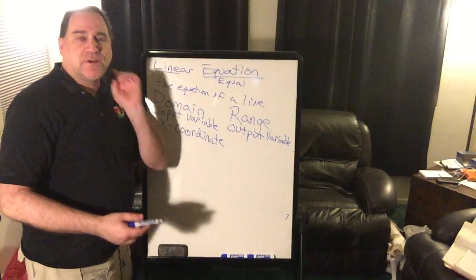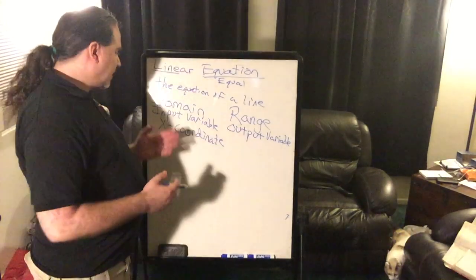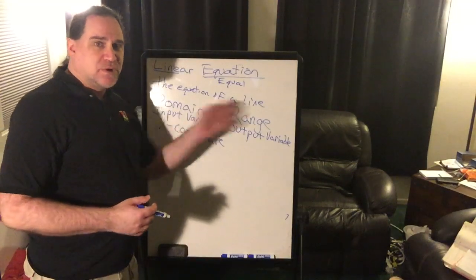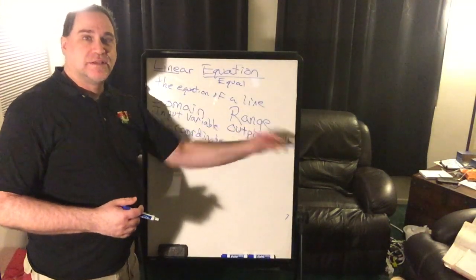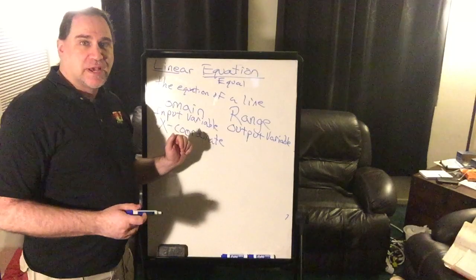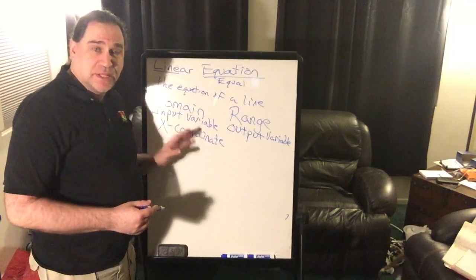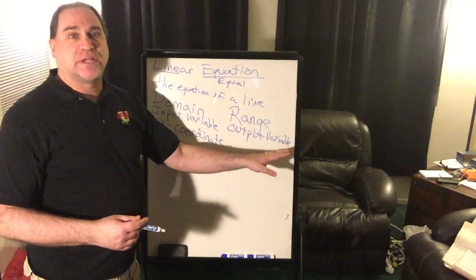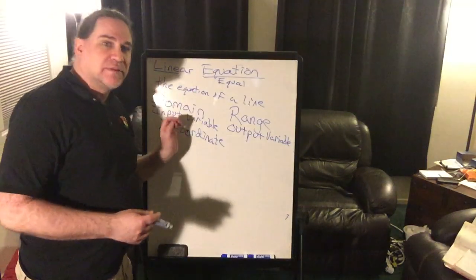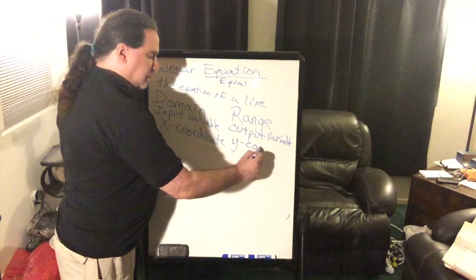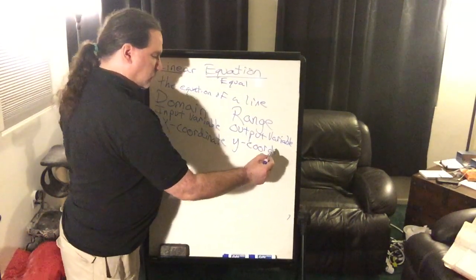Kind of like if I know how fast the car is going, if the input variable is how long did you drive at that speed, then you know how far you went when you got there. Okay? If you know how much money you're making per hour, that's the input, then you can know how much you made after working a day. Input, output. It's also the y coordinate.